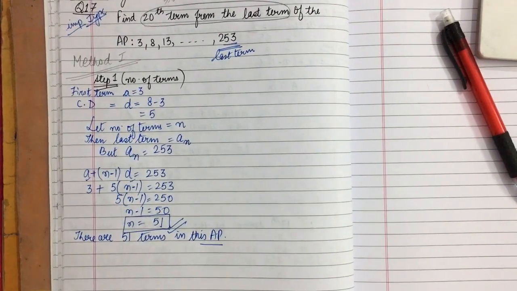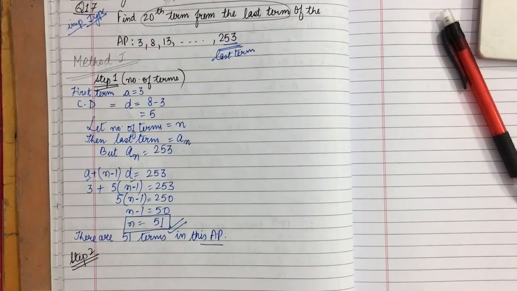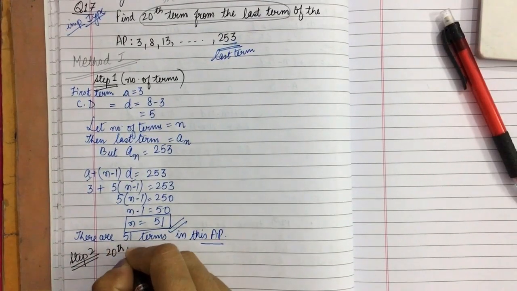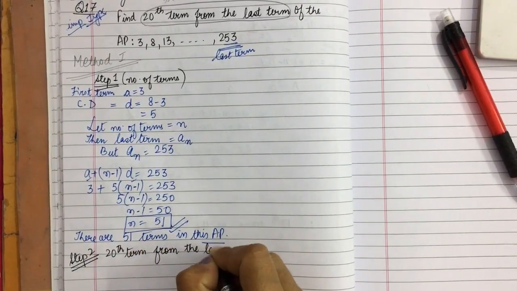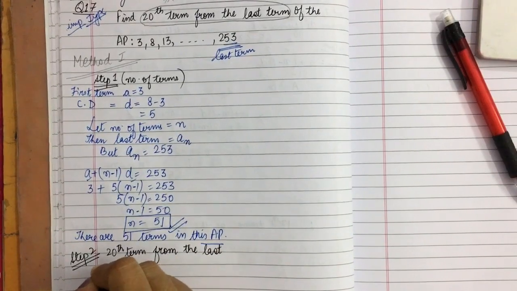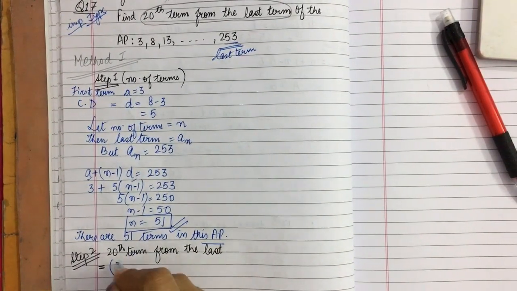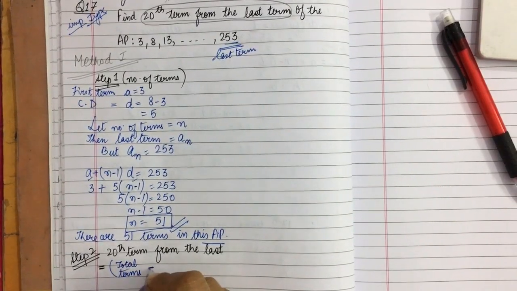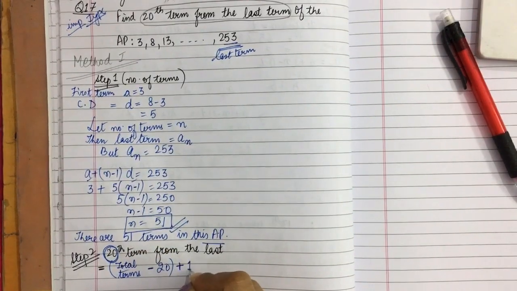So once you've done this step, the second step is to find out the term that we need. We want to find out the 20th term from the last, and this will actually be equal to total terms minus the term that I need plus 1.